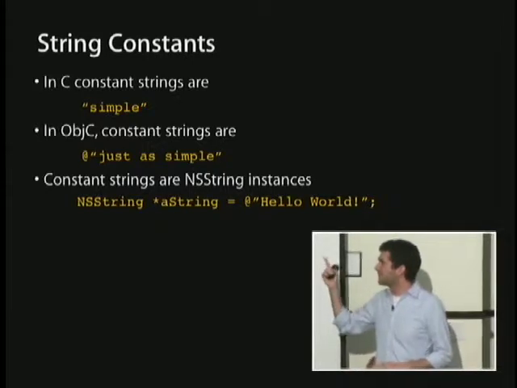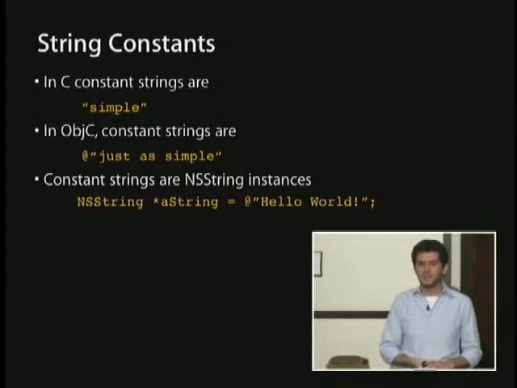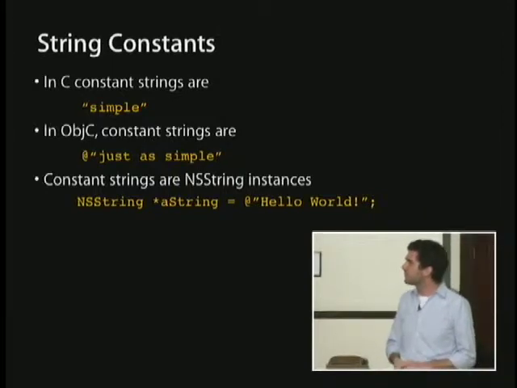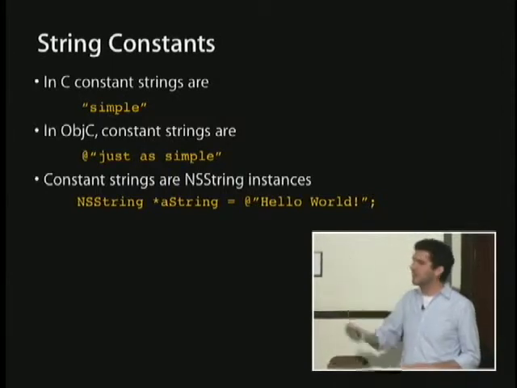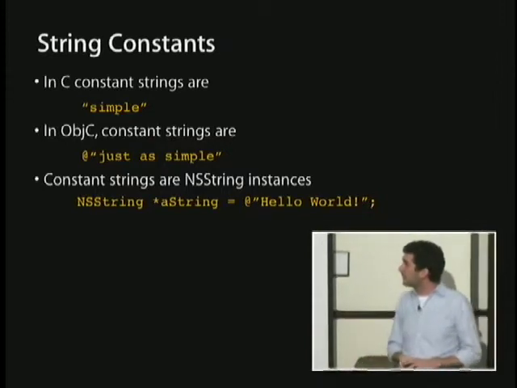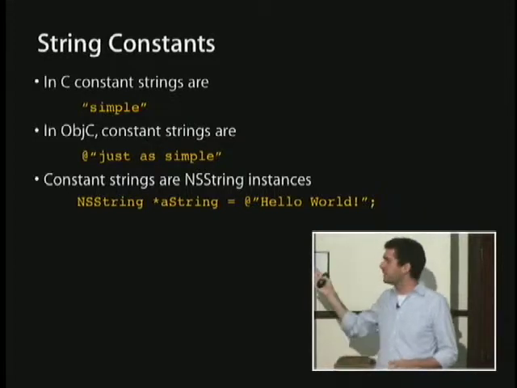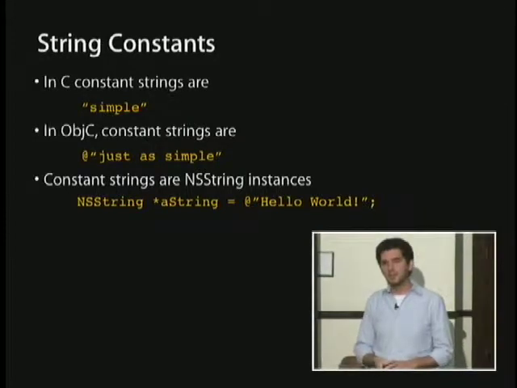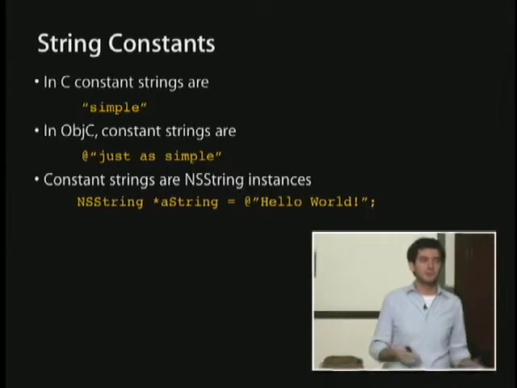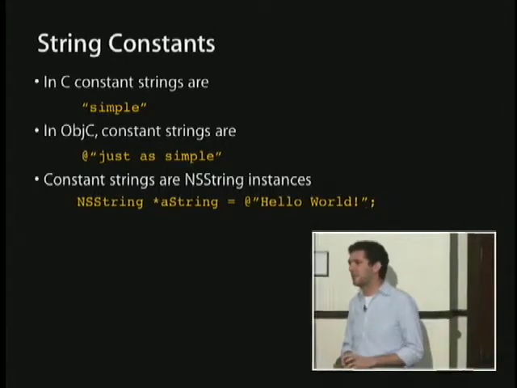We just talked briefly about this, string constants. The first example is the C constant string. It's just a simple string there. The second one is an Objective-C constant string. That's actually an object. Those things actually are NSString instances. So if you create a constant string like that, the compiler will create a constant string for you. The only thing that's a little bit weird about them is they can never be deallocated.